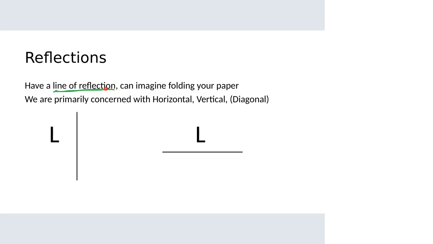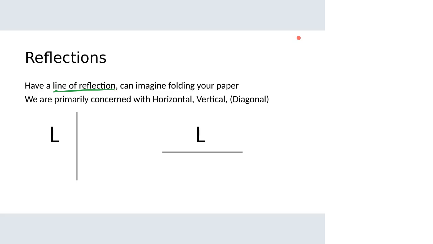One thing you can imagine here is, if you were able to take ink and really roll that ink really good right here, and then fold your paper along the line of reflection, and then open up your paper again, what is it that you're left with? That would be how we're sort of performing this reflection.